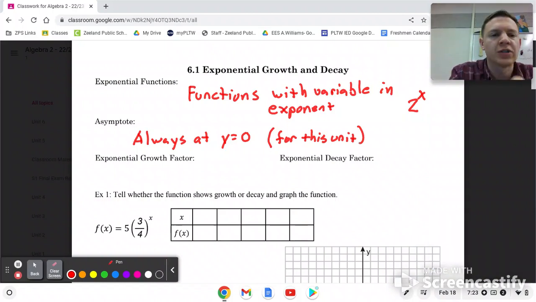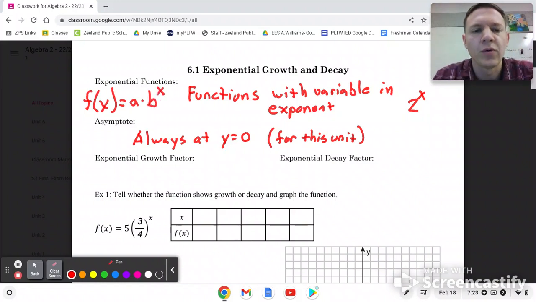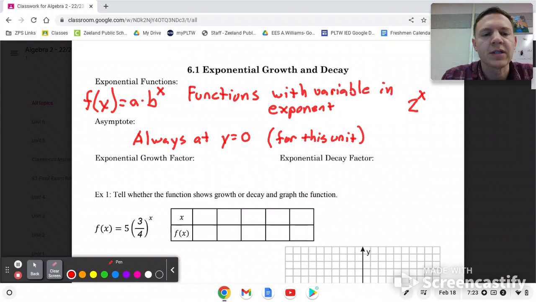So our exponential functions, first let me give you one right up here. The classic exponential function looks like this: a times b raised to the x, where only b is raised to the x. Well, the exponential growth factor is b, and for it to be growth, we need b to be greater than 1.